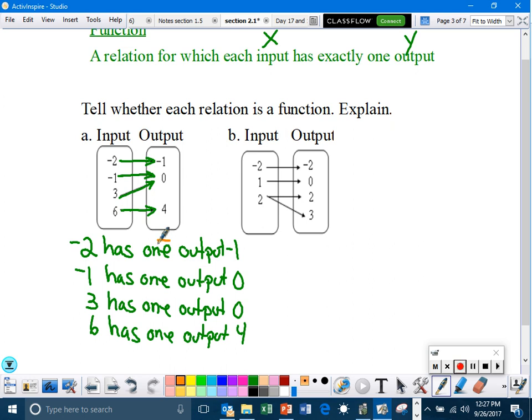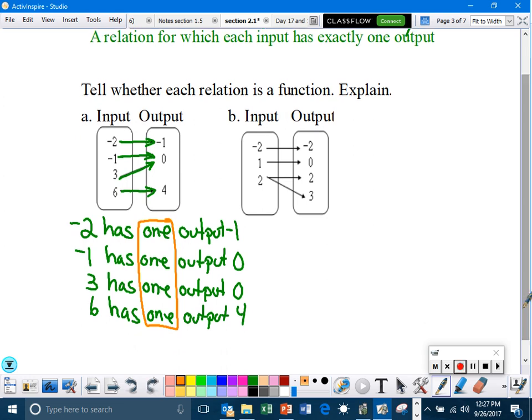So each input has one output. Therefore, it is a function.